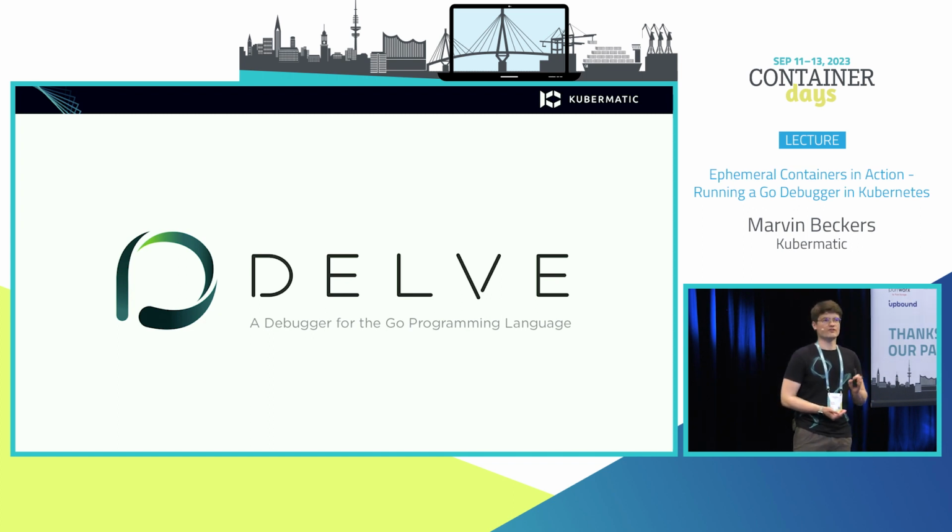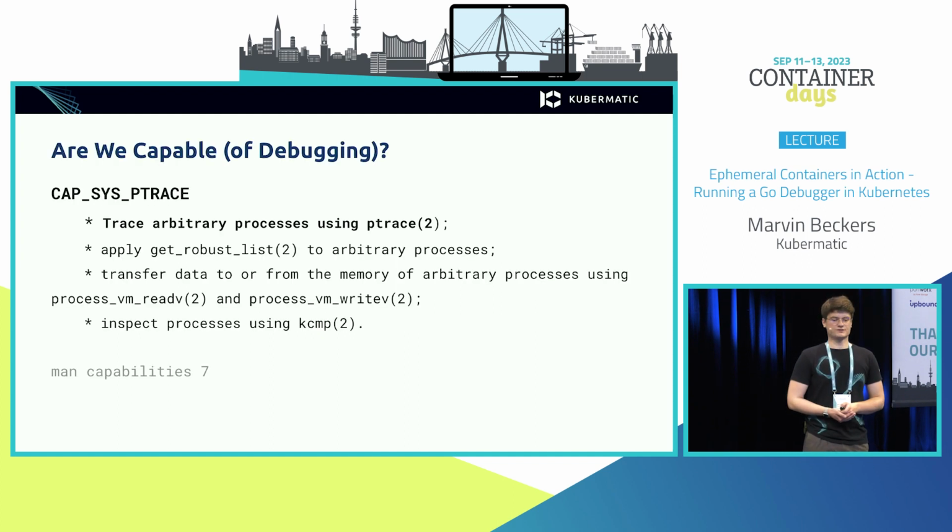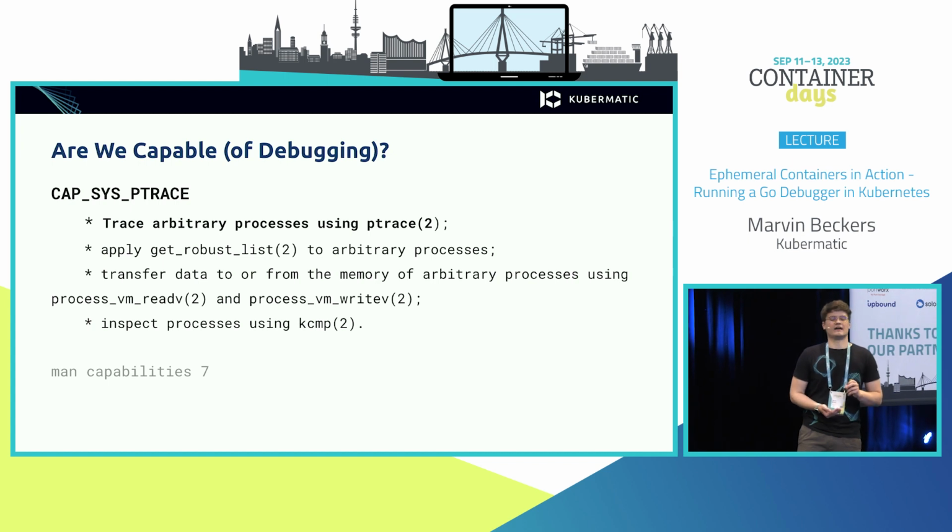So you can read local variables, and with Delve, you can maybe even manipulate variables, their content, to try out what would happen if. But in general, you want to observe an application state in a specific situation. And that is what you can use Delve for. You can use it locally, and we're going to talk about how you can also use it remotely, but more in a bit. Because the first question that we need to ask ourselves, are we capable of debugging?